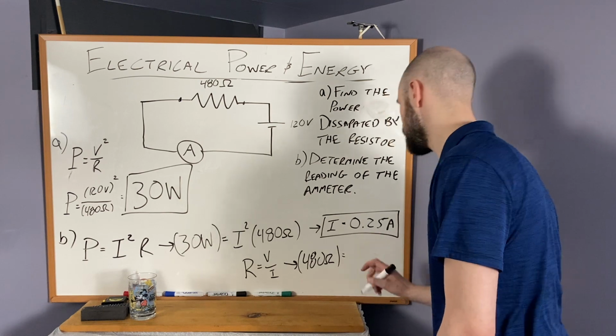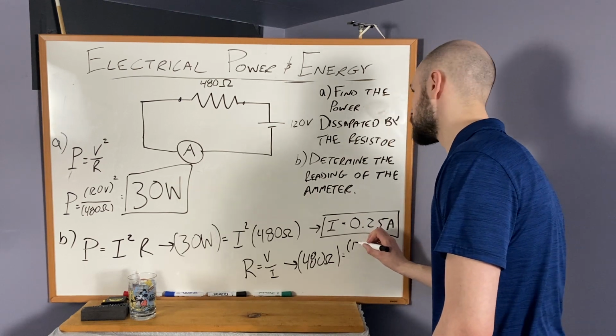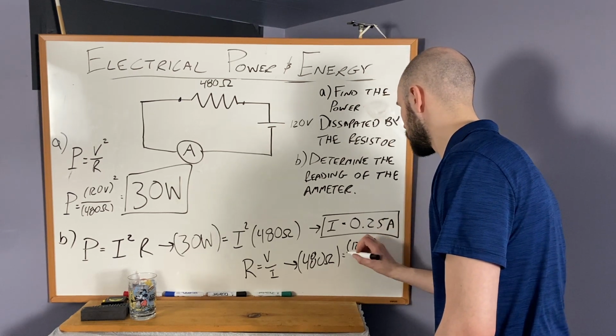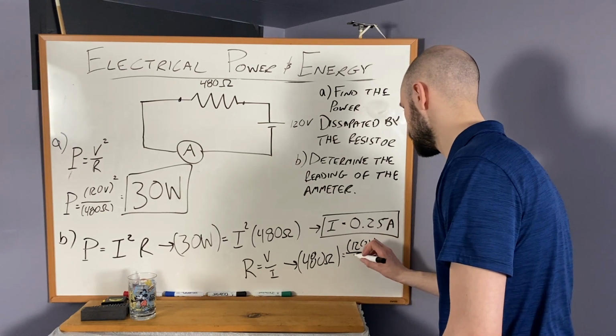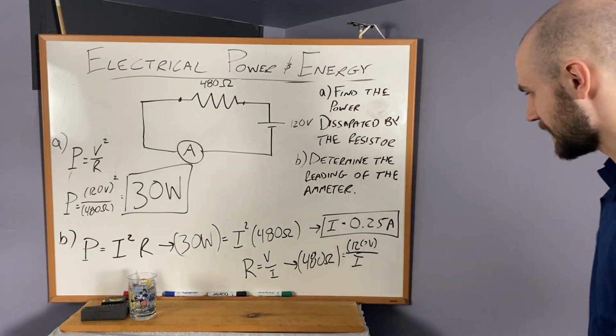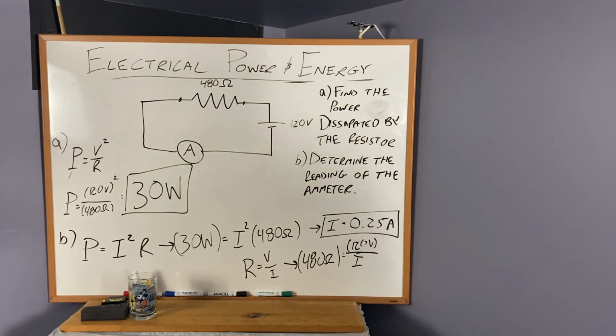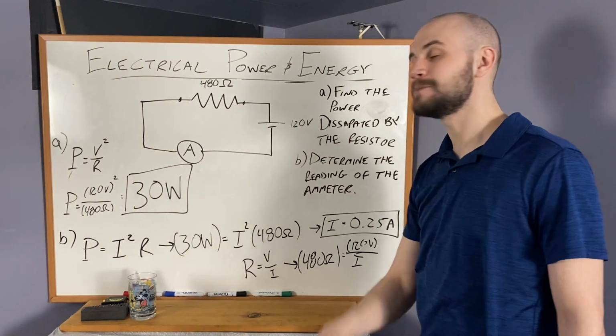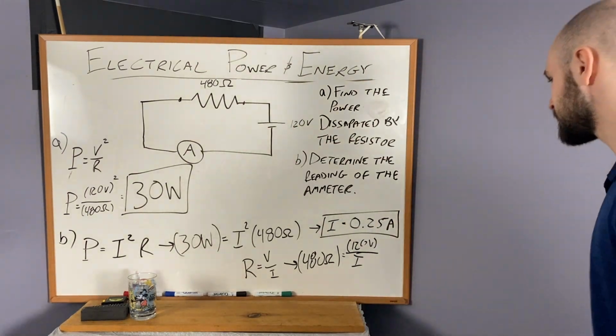The voltage is 120. If you solve for the current, you'll get the answer of 1/4 amp. So we predicted the reading on the ammeter just by knowing these specifications before we even looked at the ammeter.